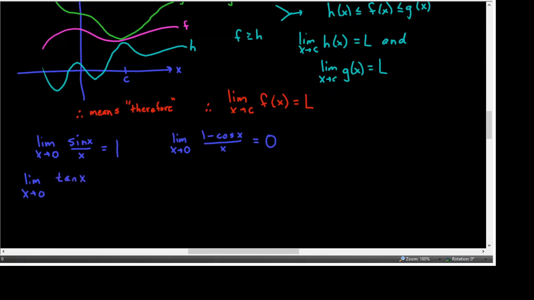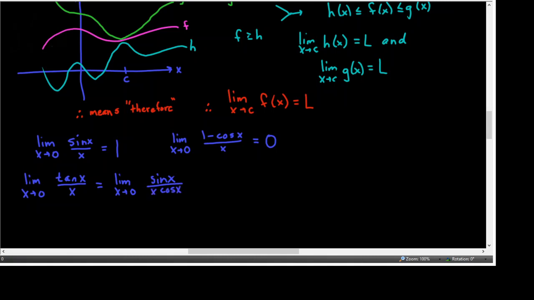Well, for example, if I have x approaching 0 and tangent of x over x, which is not the same as what's above it, what I can do is rewrite tangent of x as sine of x over cosine of x, with the x still down there in the denominator.